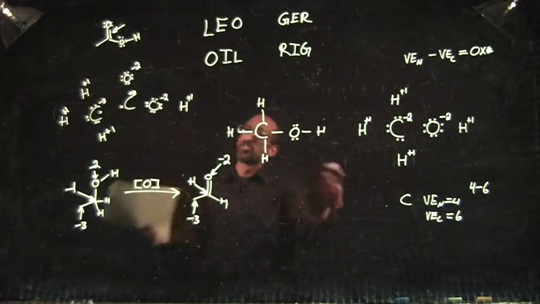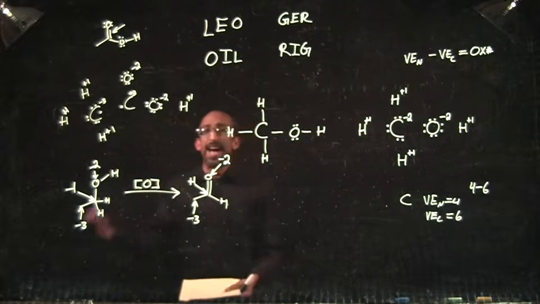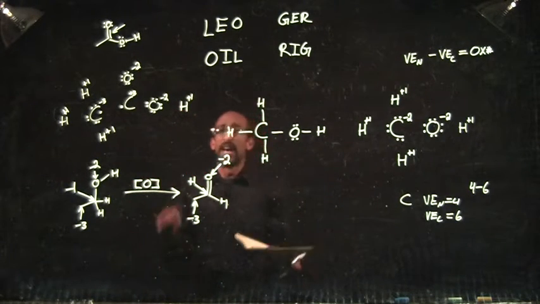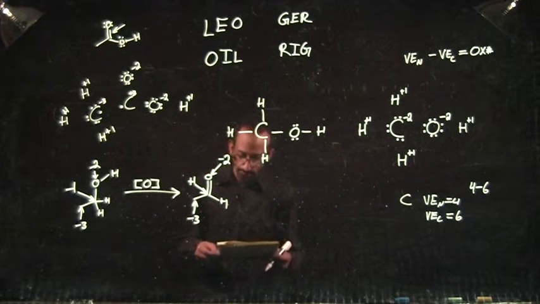Two mnemonics, it just depends on who you learned it from, but they both tell us the same thing. Whenever an atom loses electrons, it has undergone oxidation. Whenever an atom gains electrons, it has undergone reduction.